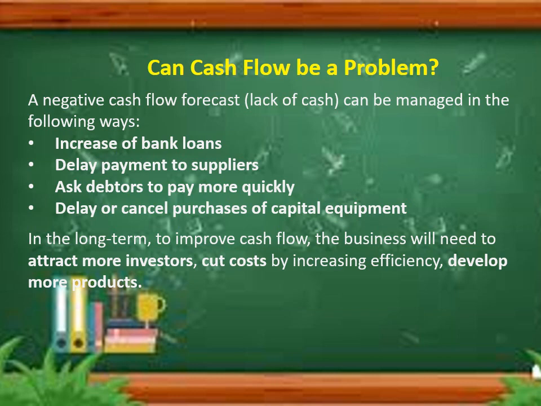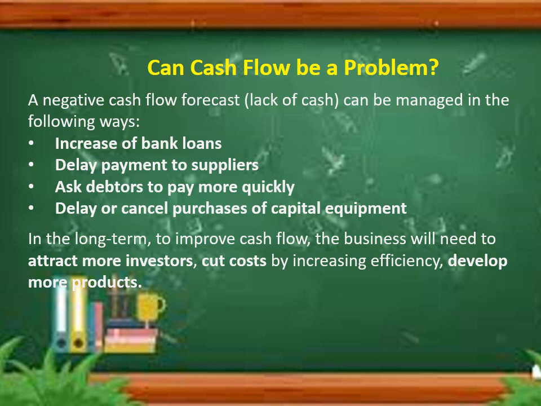Negative cash flow could be managed in the following ways. You can increase your cash by taking some loans. You could avoid the negative cash flow by delaying the payment to the suppliers. You could ask the debtors to pay more quickly.